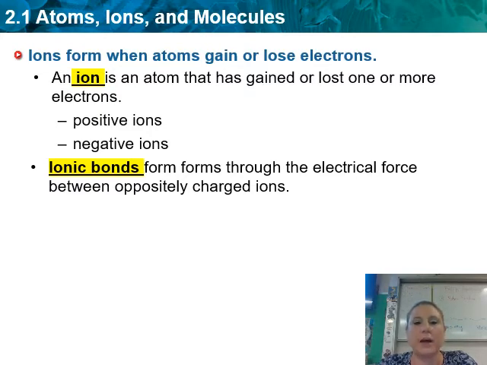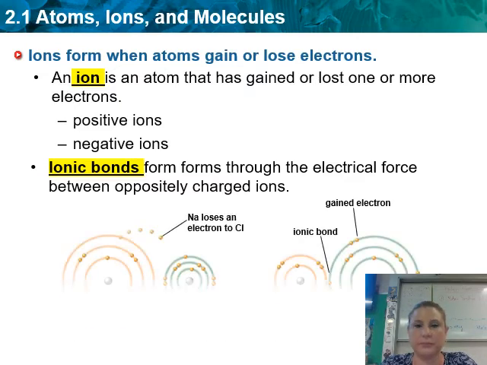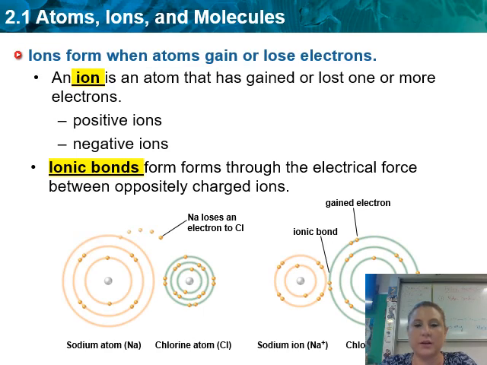And an ionic bond forms through the electrical force between oppositely charged ions. So I've got a picture down here. This is a commonly cited ionic bonded compound. This is sodium chloride. Sodium chloride is known as salt. And in sodium chloride, we have our sodium atom that bonds to a chlorine atom.